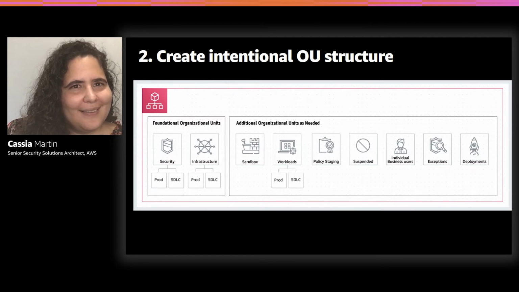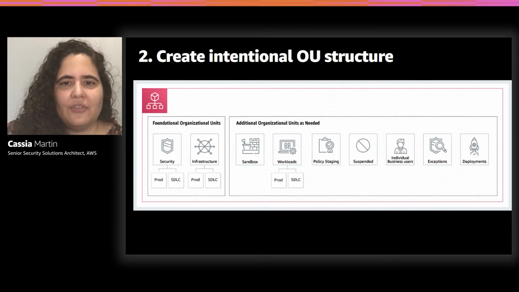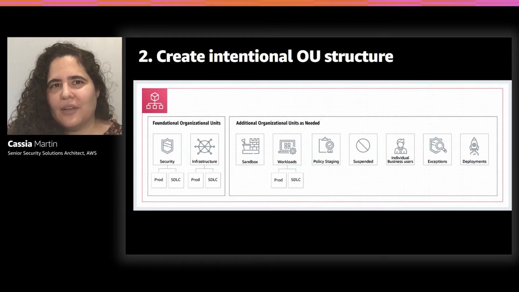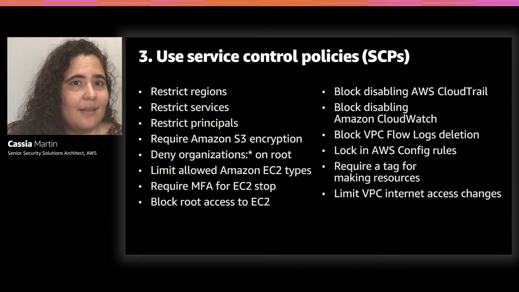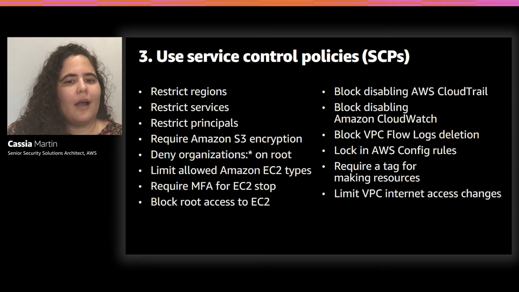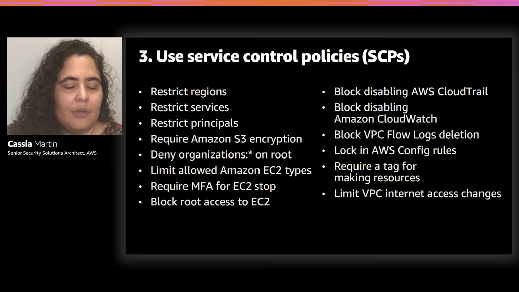Now, once you have organizations with your multiple accounts and your thoughtful OU structures, another extremely powerful tool you get is service control policies, or SCPs. SCPs are a guardrail. They're an immutable security control that you can enforce. And you can enforce it at the account level, at the organization's level, or at the OU level.